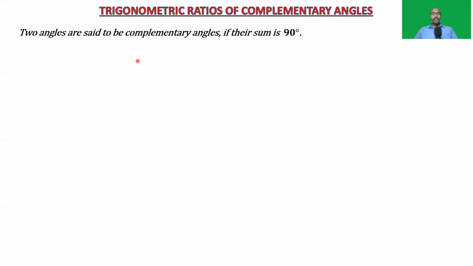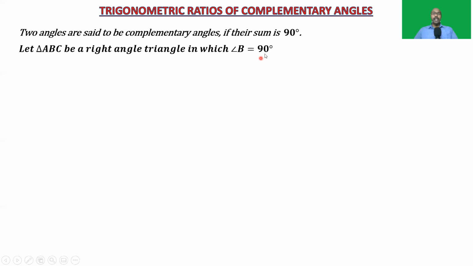Now, let us take a triangle ABC in which angle B is equal to 90 degrees. As the sum of angles in a triangle is 180 degrees, apart from this right angle we have two more angles, angle A and angle C, and the sum of these two angles is also 90 degrees.